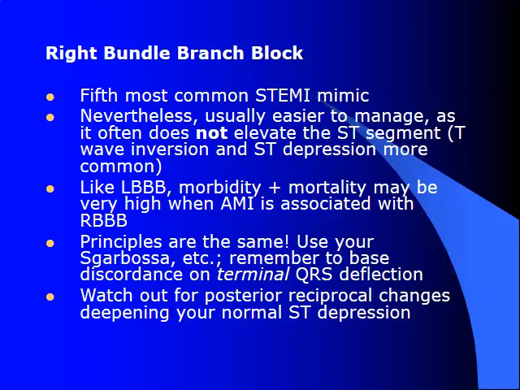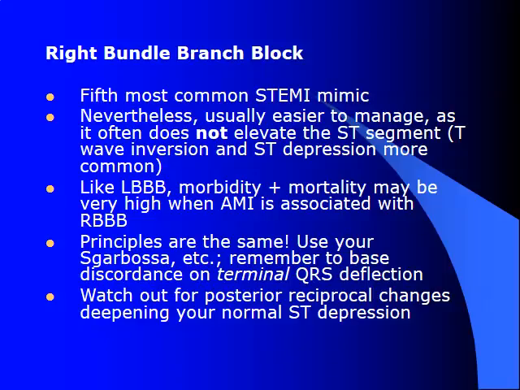Right bundle branch block is the fifth most common STEMI mimic. It's usually easier to manage because it doesn't normally elevate the ST segment nearly as much as you see with the left bundle branch block. ST depression and T wave inversion are a lot more common.